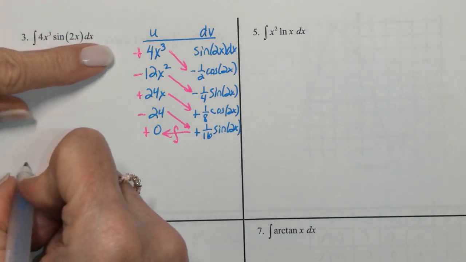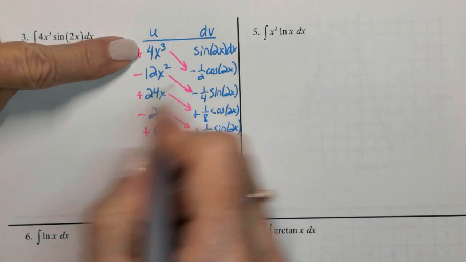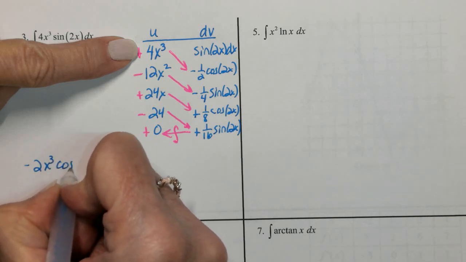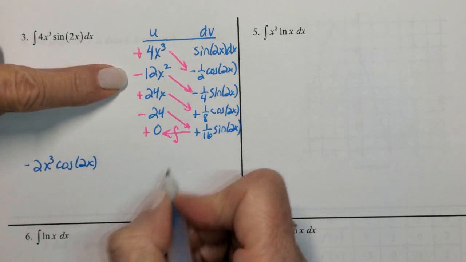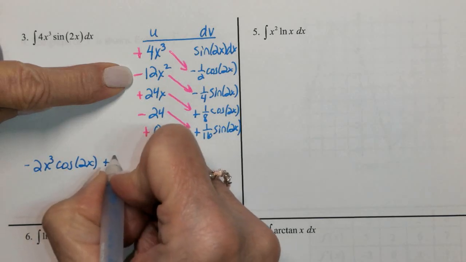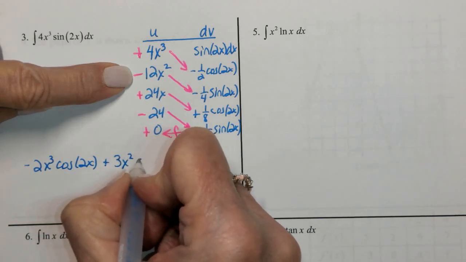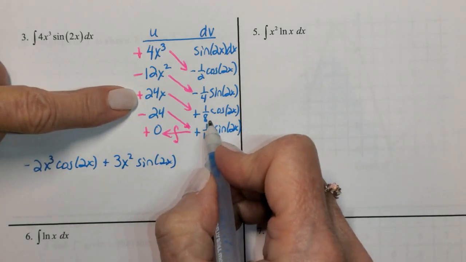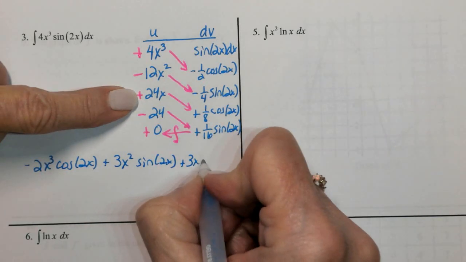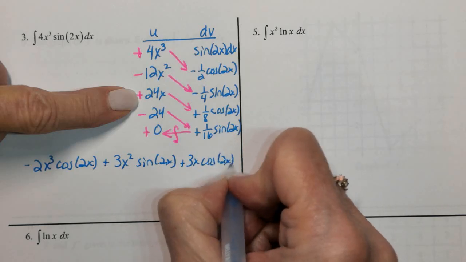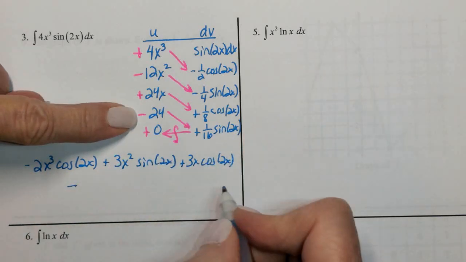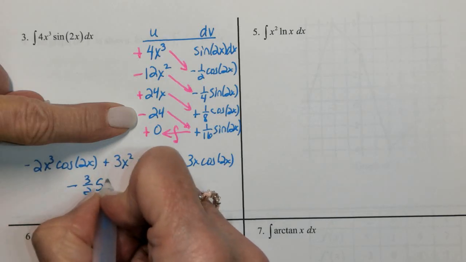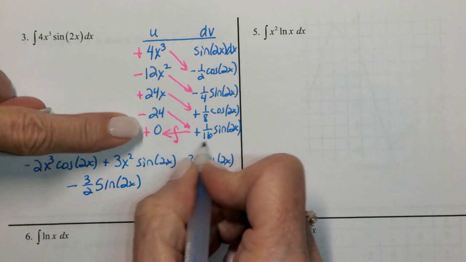So our answer is, let's see, negative 2x cubed cosine of 2x, plus 3x squared sine of 2x, plus 3x cosine of 2x, minus 24/16, so 3/2 sine of 2x.